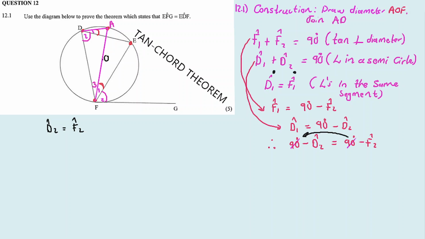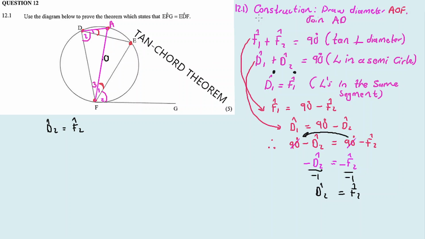After they cancel we are left with minus D2 is equal to minus F2. Therefore, after dividing by negative 1, I can see that D2 is equal to F2. This is how you prove the tan chord theorem.